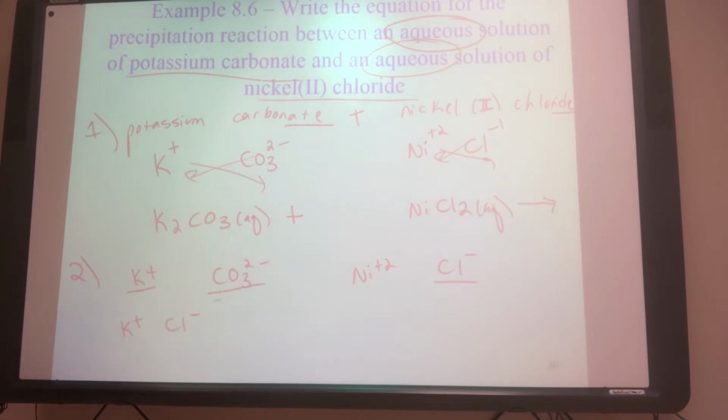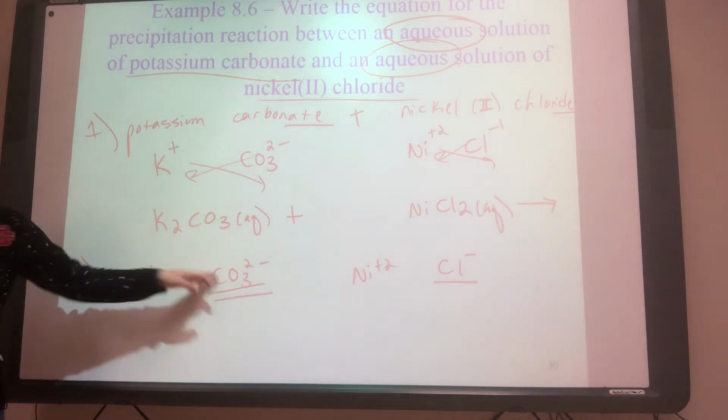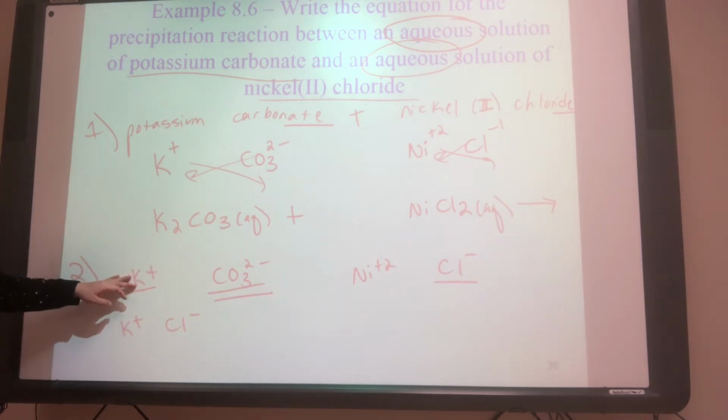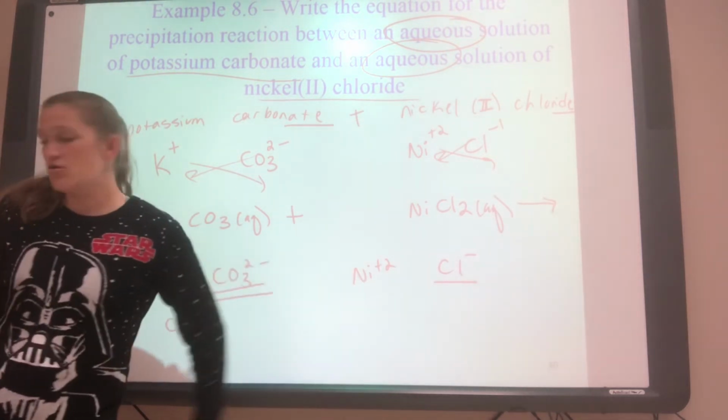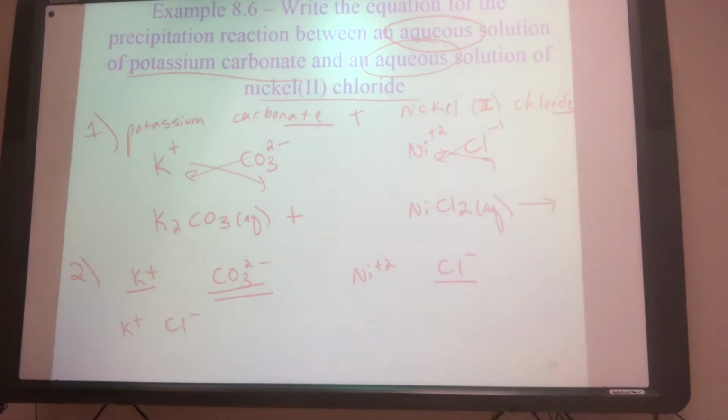So now carbonate wants a new partner. It's already partnered with the K in the reactants, so it's going to partner with the nickel for my products. I put the nickel first because it's always cation, then anion. So then I cross down, and since this is just 1-to-1, I just get KCl.